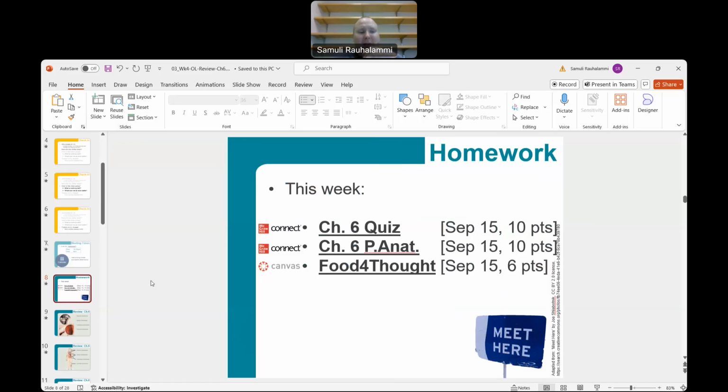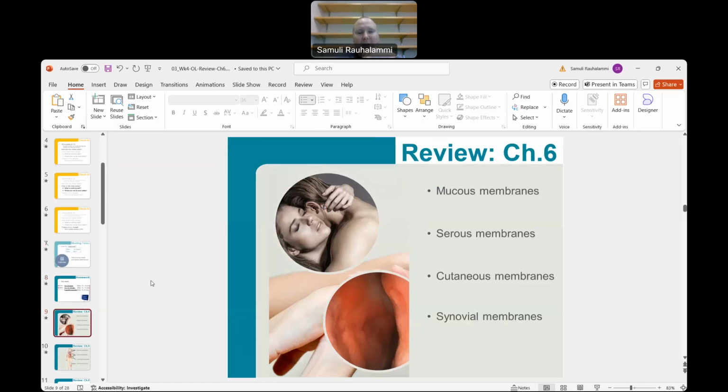So let's review a little bit of the key content of what we're going to be looking at this week. One of the things we see is that your body is lined by various different membranes. And it doesn't just have to be the membranes that form the outer boundaries of your body. It could also be boundaries that form inner boundaries in your body.